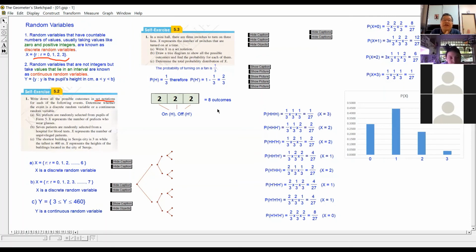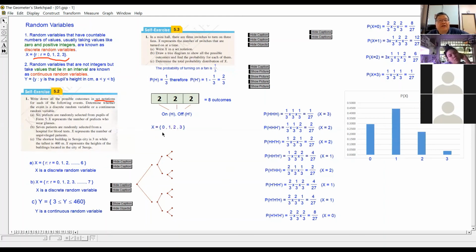So the total number of ways is 2 times 2 times 2. So there are altogether 8 possible outcomes. If you want to list out all the 8 possible outcomes, you have to draw a tree diagram, right?